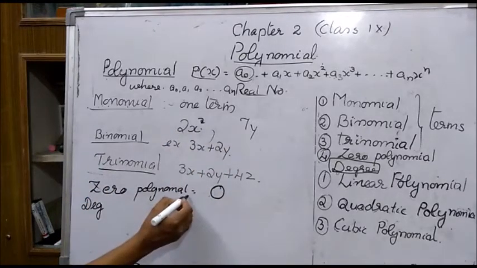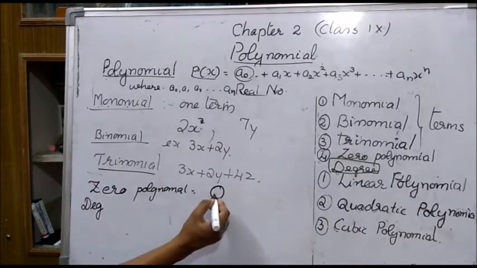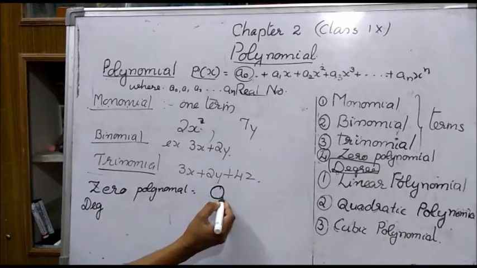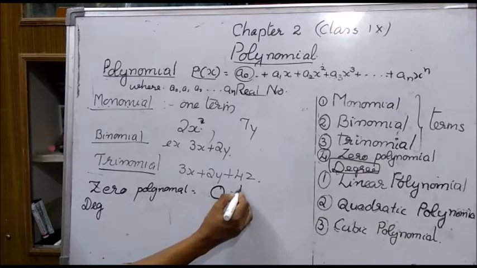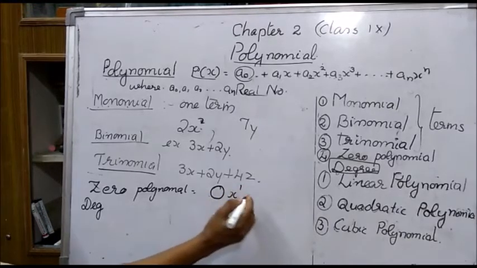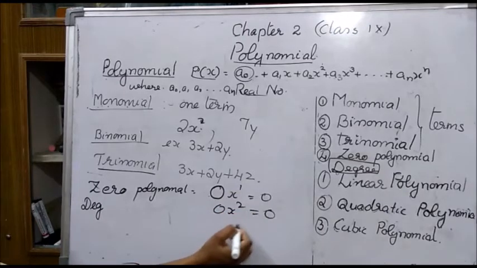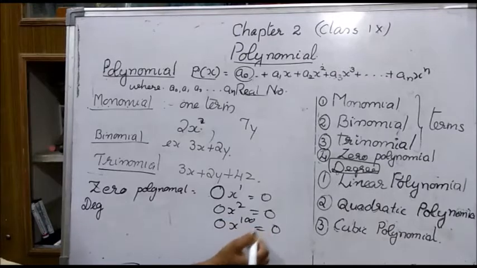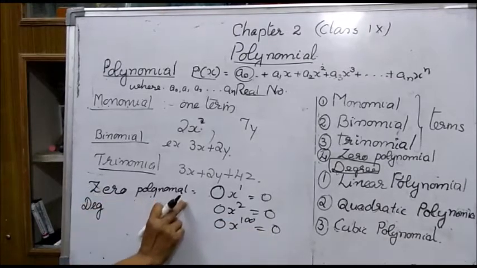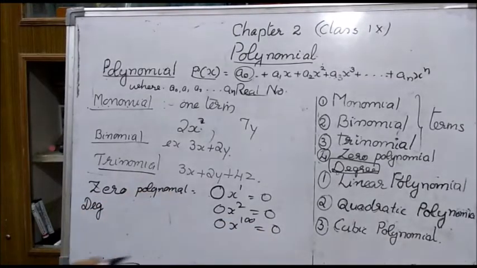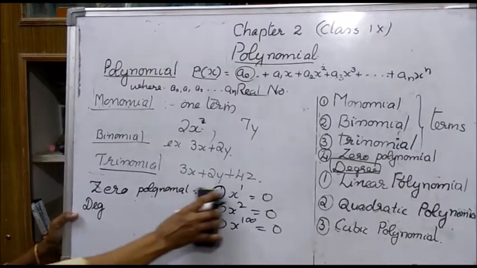But for the zero polynomial, we cannot define the degree, because here it is 0, so it can be 1 and still 0. 0x square is also 0. And 0x raised to 100 is also 0. So in the case of the zero polynomial, we cannot define its degree.